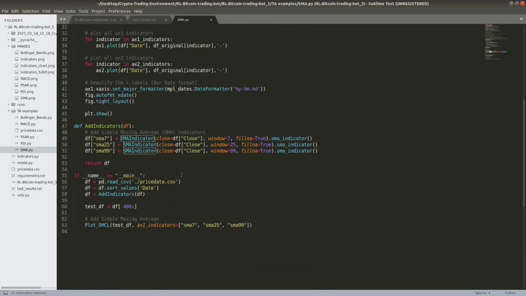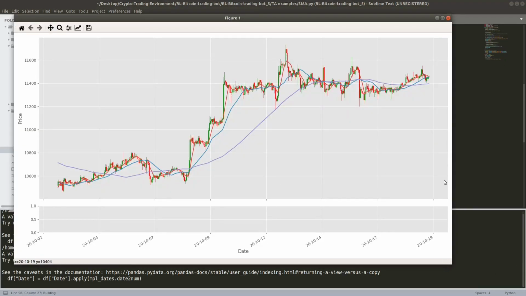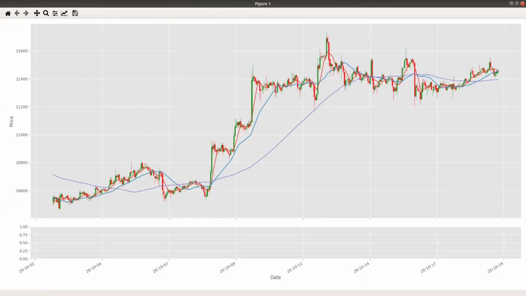If I run this function, it should plot us the data frame. As you can see, after indicator calculation for our full dataset ended, it plotted us these 400 bars, I think, of historical data, and it drew us these 3 simple moving averages.